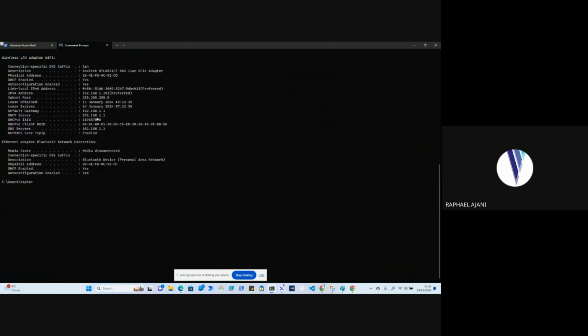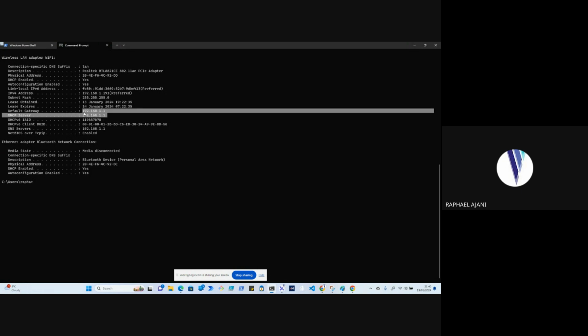If you look at this, the gateway IP address is 192.168.1.1. So my router's IP address is this. Are you following now? Okay. And you can see that the DHCP server also carries the same IP.